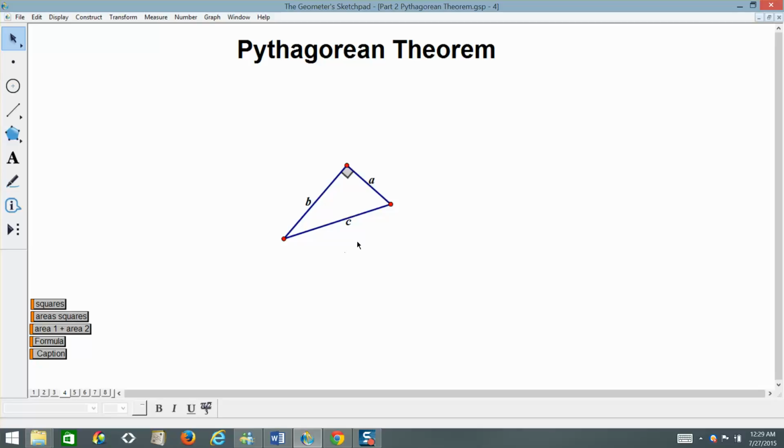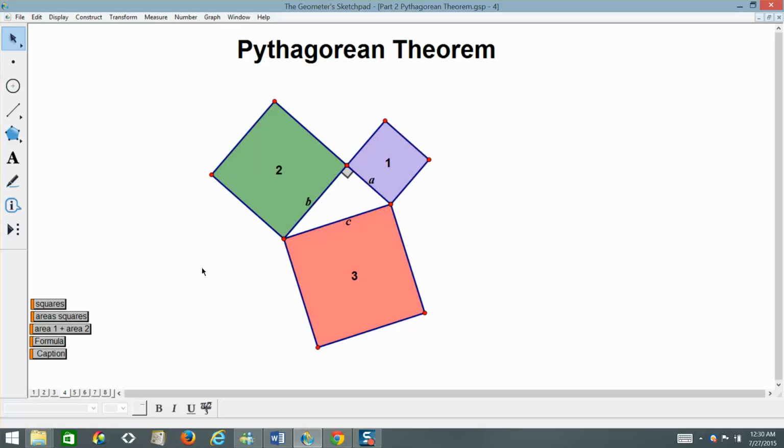Now look at this triangle. C is the hypotenuse while A and B are legs. Now I will draw a square on each side of this triangle. This is the result. We have 3 squares. Based on the prerequisite material, we can determine the area of these squares.